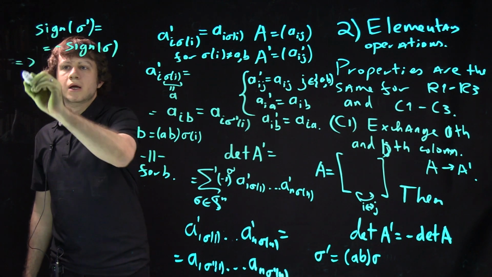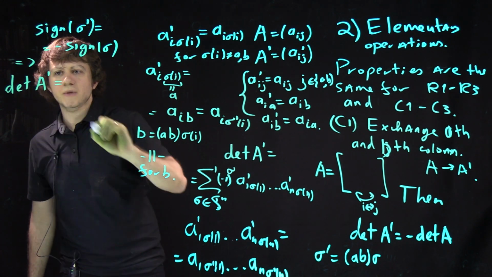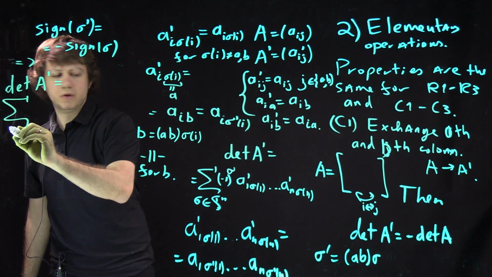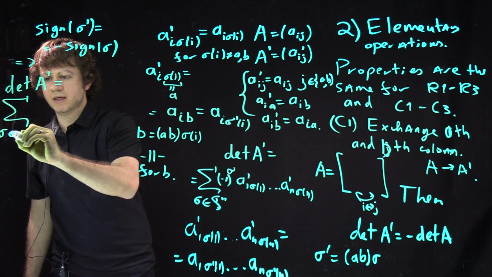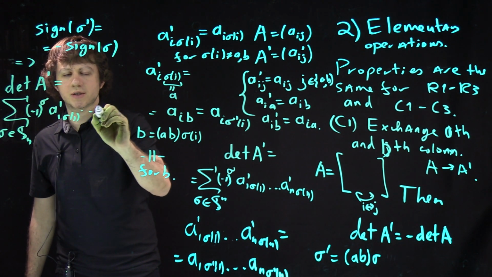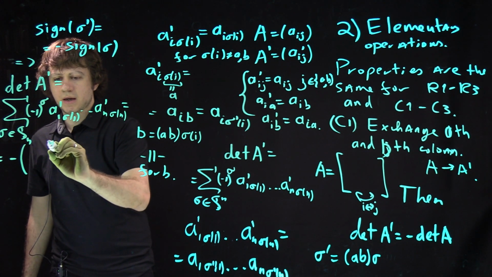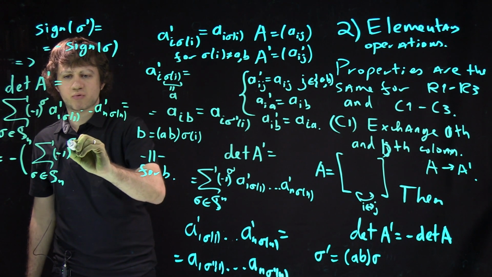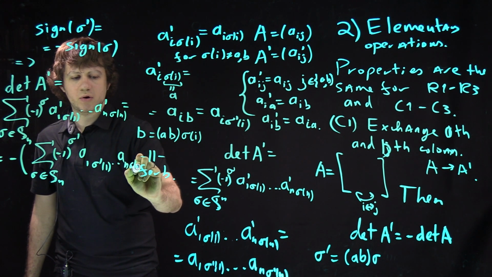So now we can say that determinant of A prime equals to, we have sum over all sigmas in Sn minus 1 power sigma A1 sigma of 1 prime to the An sigma of n prime, which equals to minus sum of sigma in Sn, and now minus 1 power sigma prime A1 sigma prime of 1 and so on, An sigma prime of n.